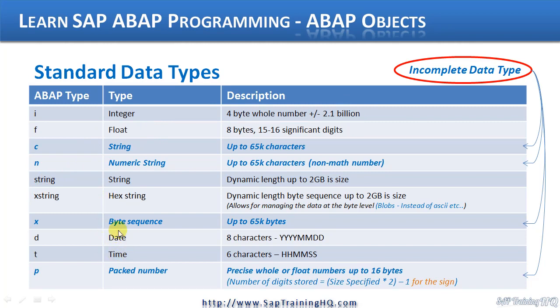These are complete data types with a fixed size already defined in the system. The incomplete data types are the ones in blue and bold. So these are the character string, where we have to specify a size. The N, which is a numeric character string, same thing again. Byte sequence and packed numbers.